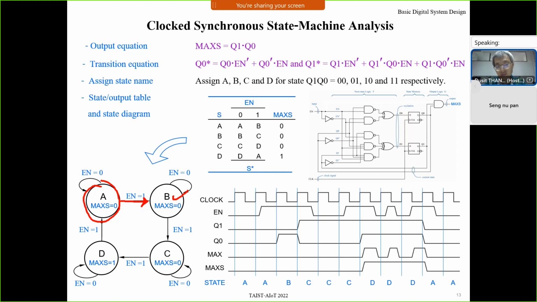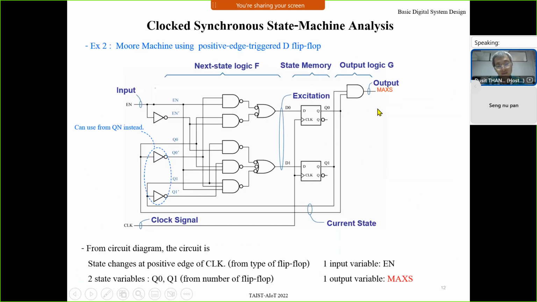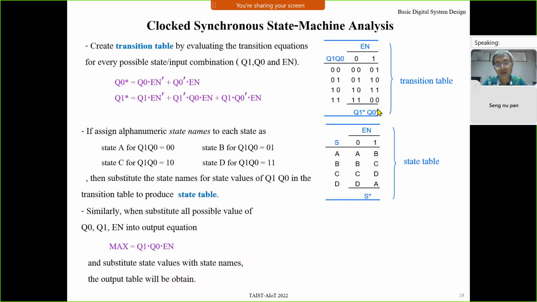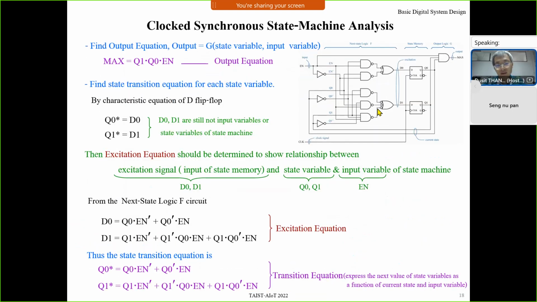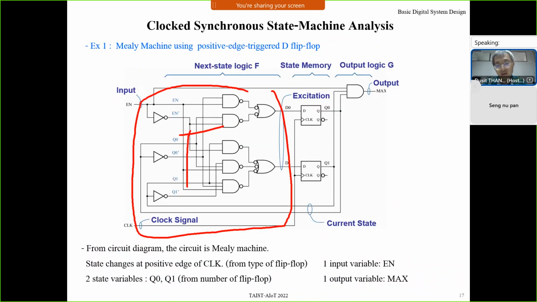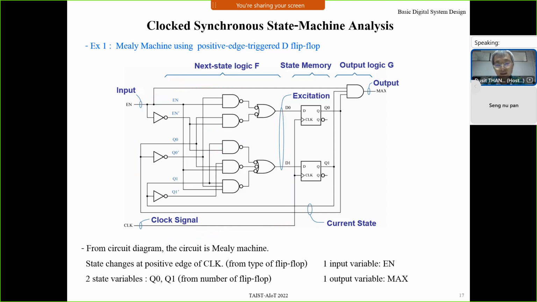For this example, it's the same circuit, right? This circuit and this circuit are the same thing. This part of the circuit F is exactly the same. I just delete this wire that connects between external input and this AND gate only.